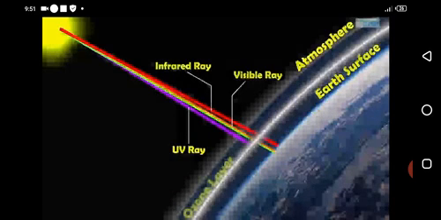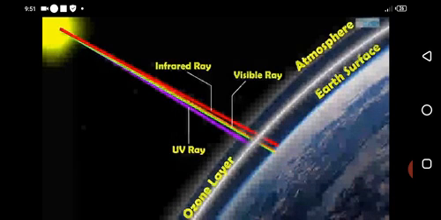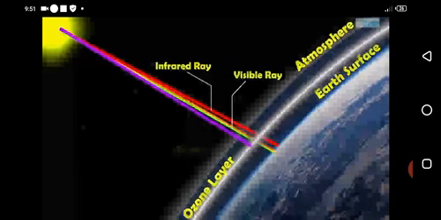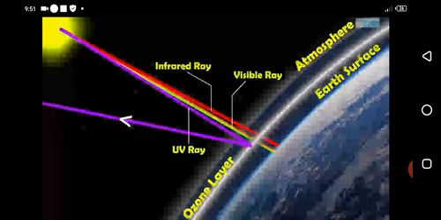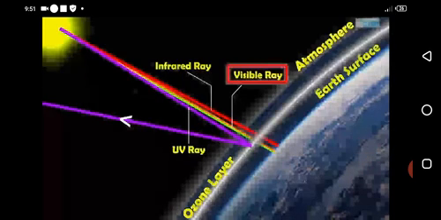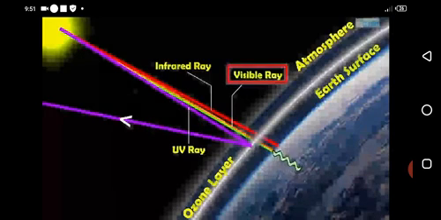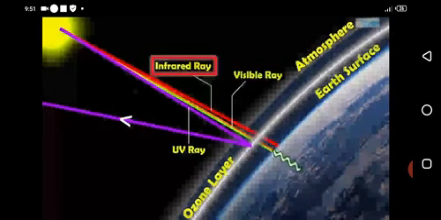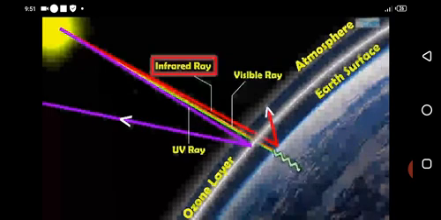The ozone layer, which is present in the Earth's atmosphere, blocks some amount of harmful ultraviolet rays from reaching the surface. Of the remaining rays reaching the surface, part of it is absorbed by the Earth, and some, especially the infrared waves, are reflected back into space.